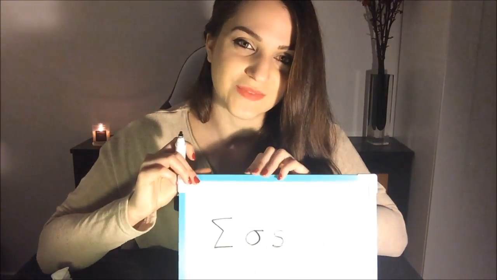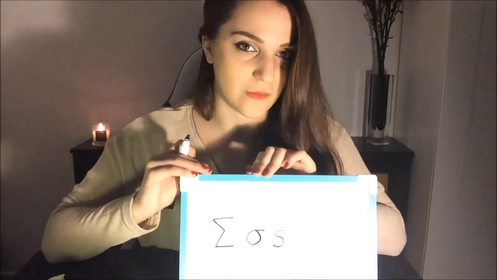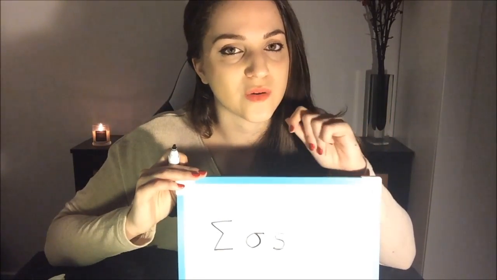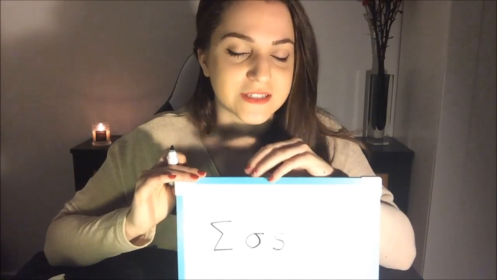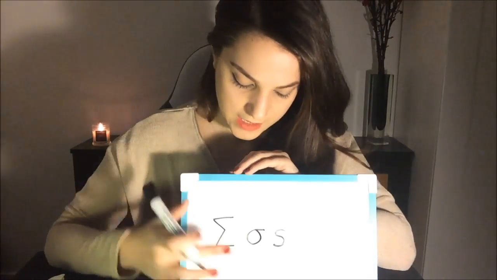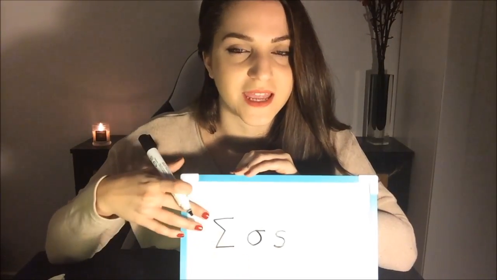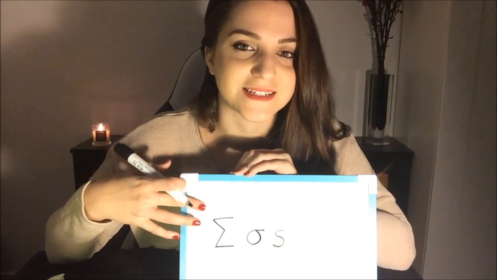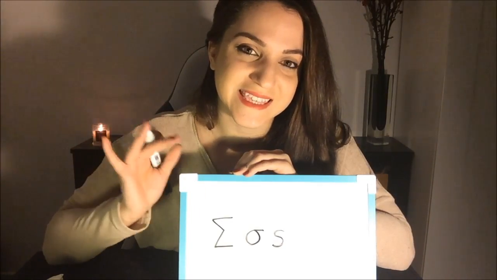Sigma τελικό. This sigma goes always at the end of the word, so you cannot put it in the middle or at the beginning. It always goes on the end. This can go at the start or in the middle, and this goes of course at the start because it is the uppercase. Okay?